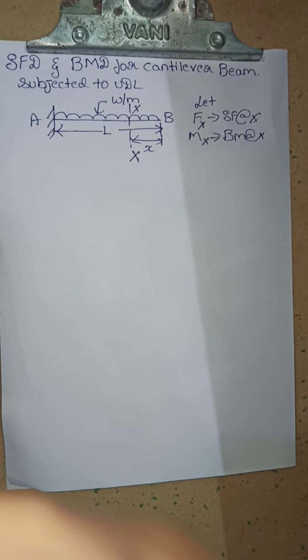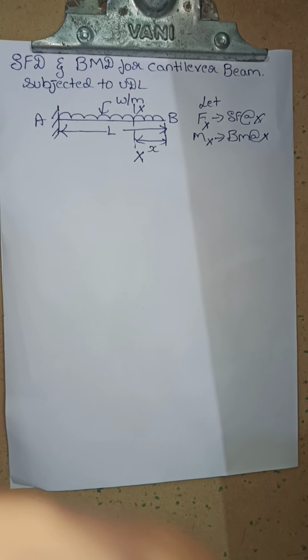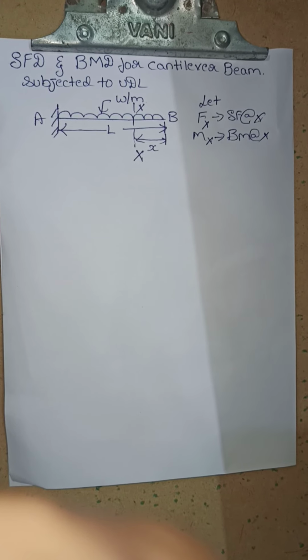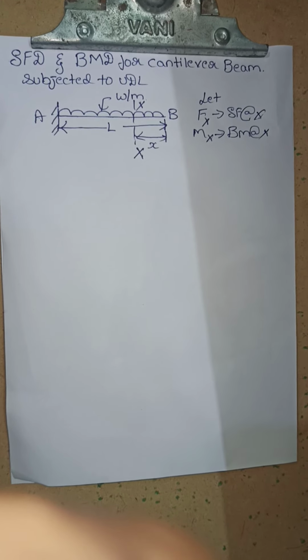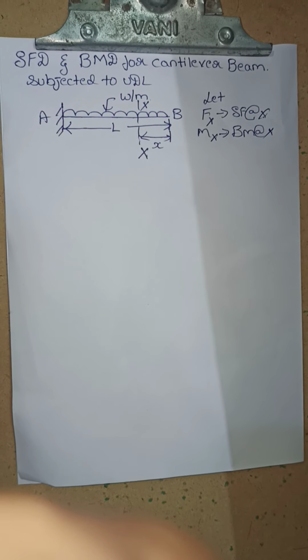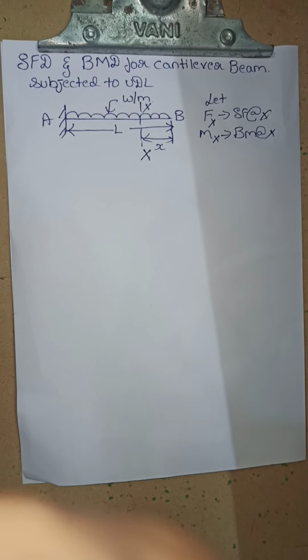The shear force at the section x will be equal to the resultant force acting on the right portion of the section. The resultant of the force on the right side portion is equal to W into the length of the right side portion.